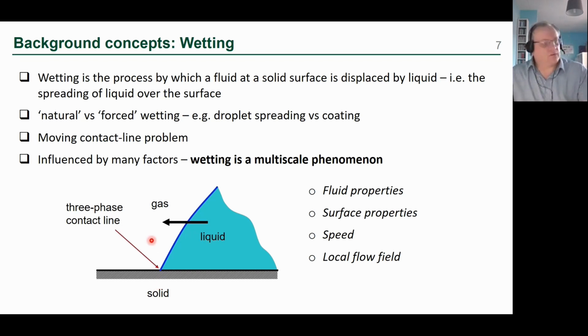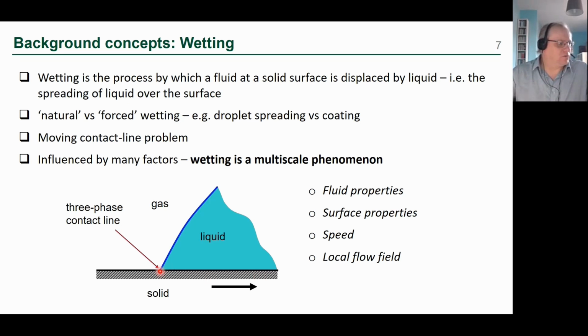We could also see a situation where we're actually driving a solid into a liquid. So this would typically be a coating process where we're deliberately trying to coat the solid with a liquid. That's usually more of a continuous process.